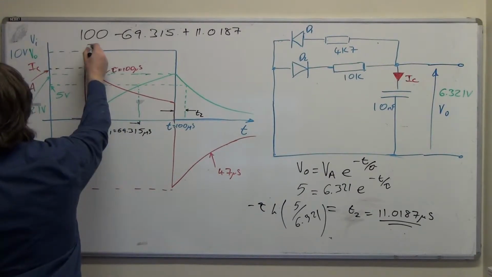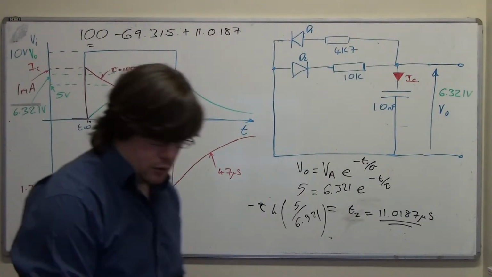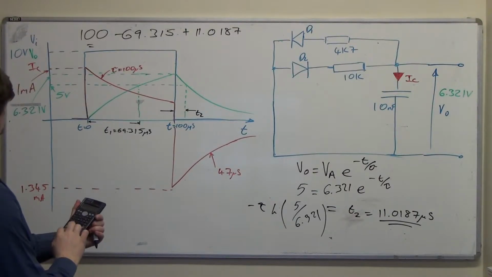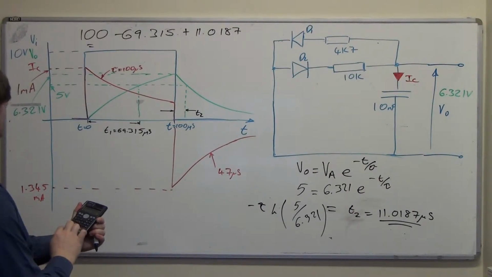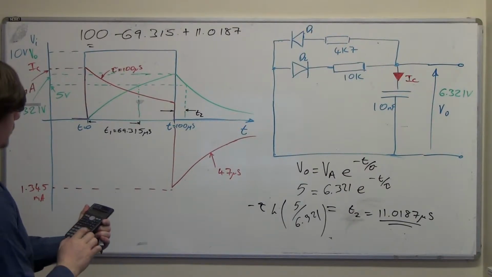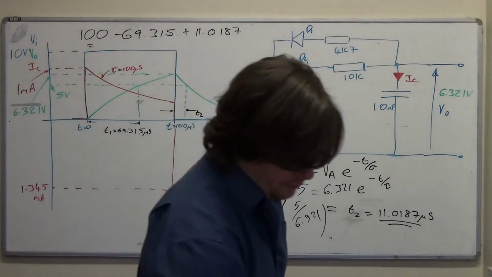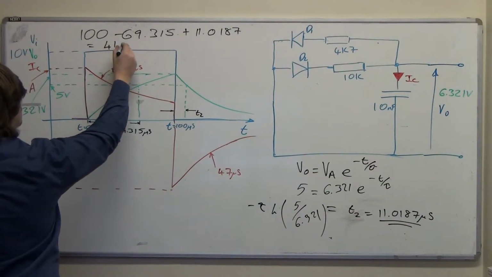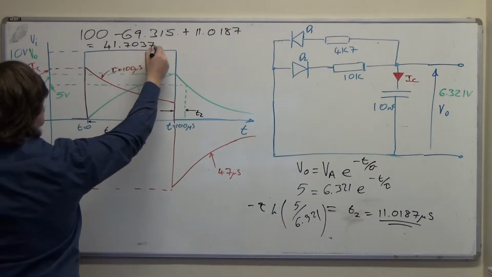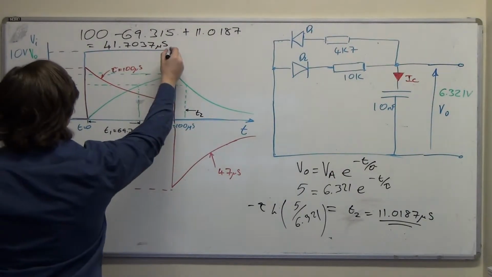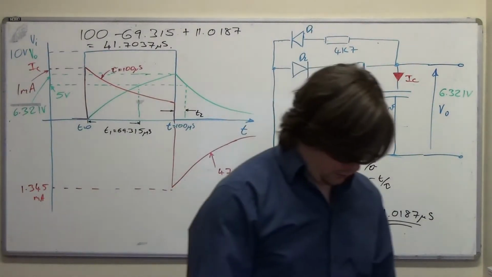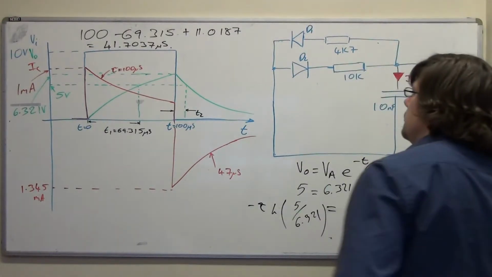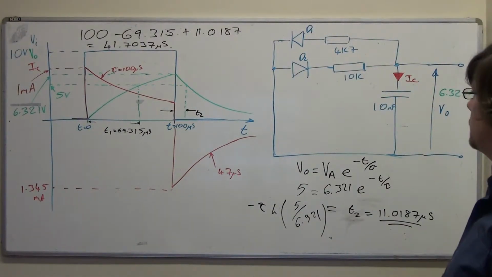And that is 100 minus 69.315 plus 11.0187, which is 41.7037 microseconds. And that is pretty much the same as what's on the sheet, which is 41.7. So that's how you tackle this question.